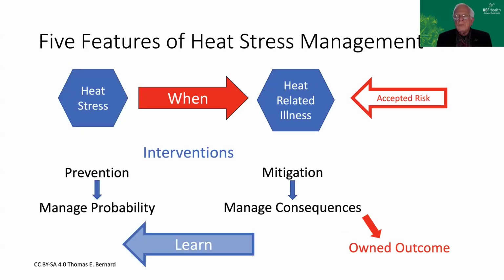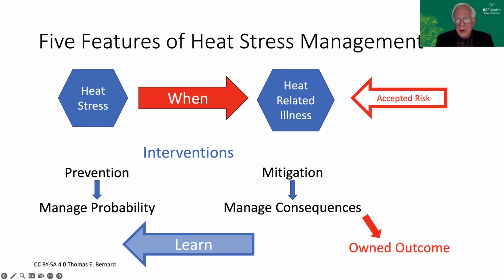Okay, now in the heat stress management plan, I like to think of it as having 5 features in this risk management model. The first is the traditional IH approach to heat stress: you identify it and then you put in your prevention practices. In this model, what you're trying to do is manage the probability of having a heat-related illness.